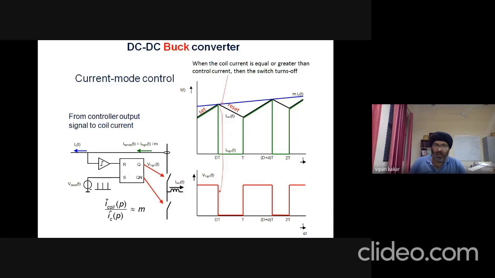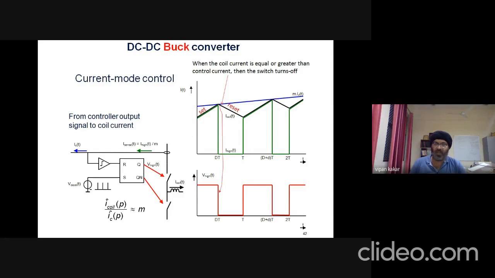So in that case, we need to measure the coil current, which is the inductor current. We need to measure the inductor current along with the control current. And the control current is the measured current from the buck converter.